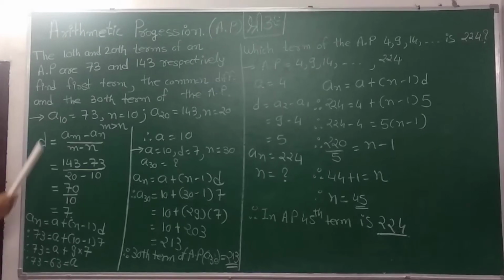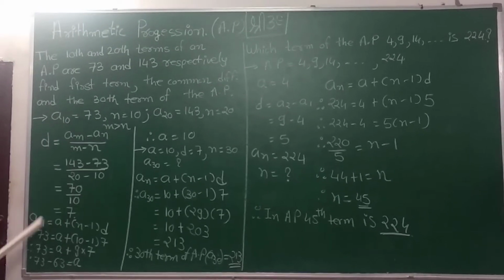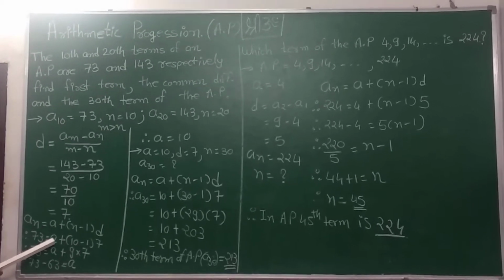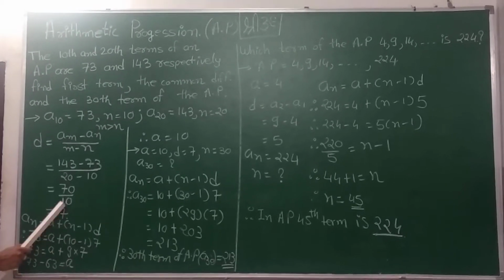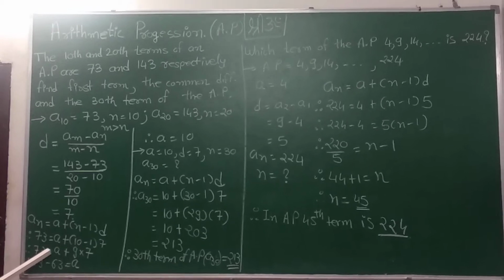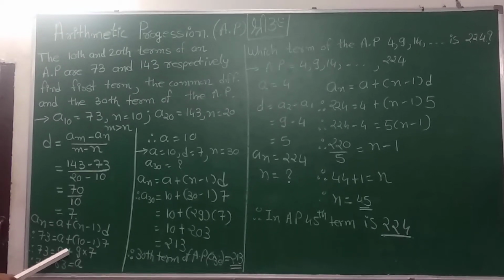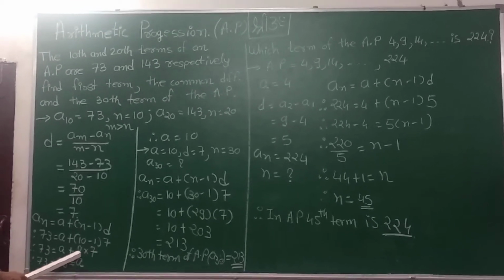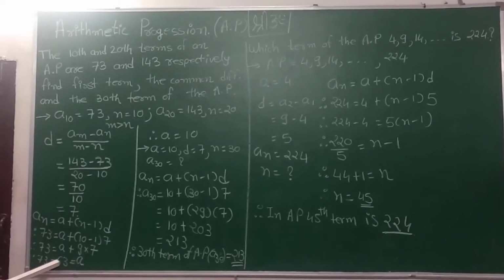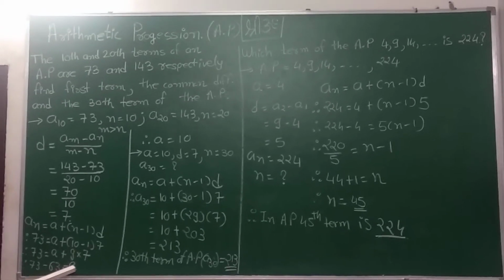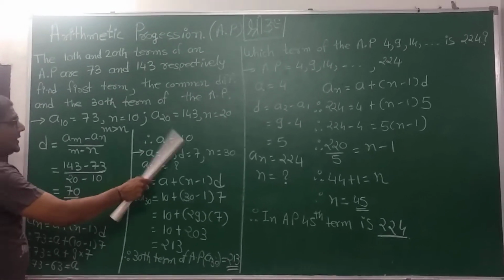So I am using a10 is equal to 73. So instead of that, 73 is equal to a plus 10 minus 1, and d is 7. So 73 is equal to a plus 9 into 7, 9 7 is 63. 73 minus 63, according to application of linear equation, is equal to a. So a is equal to 10.